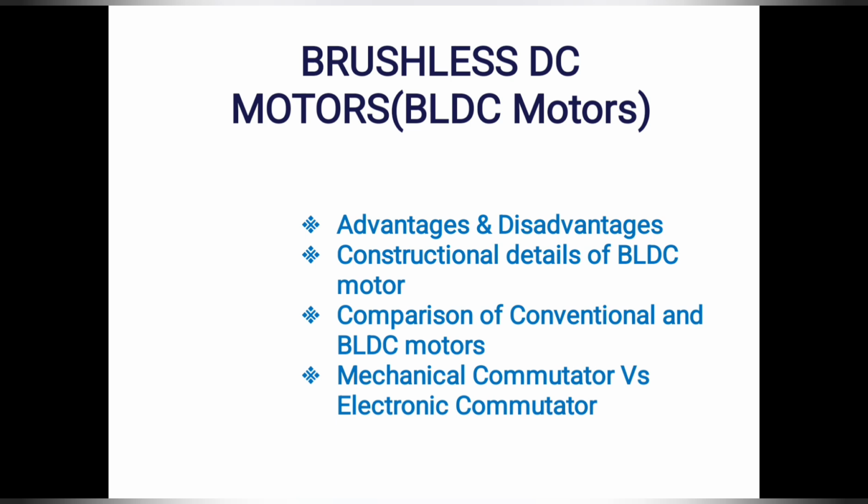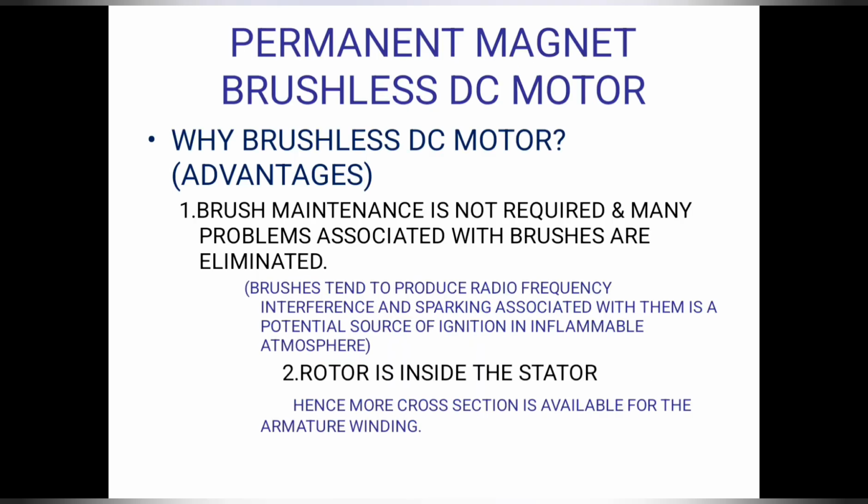Let's go into the slides. The permanent magnet brushless DC motor, shortly called BLDC motor. Why should we go for brushless DC motor? That is discussed under the heading advantages of BLDC motor.